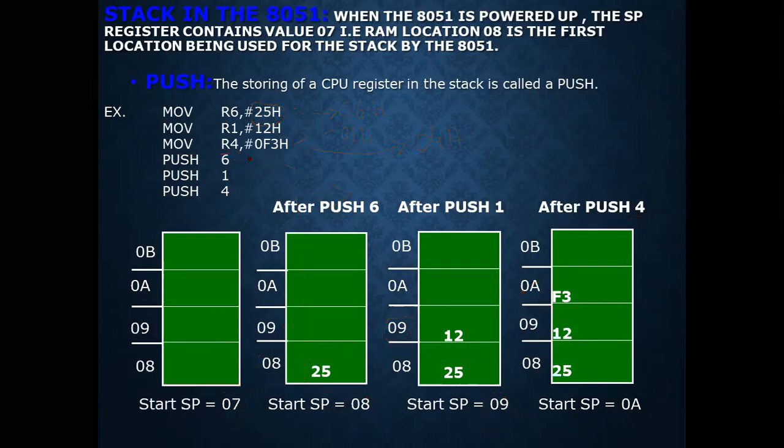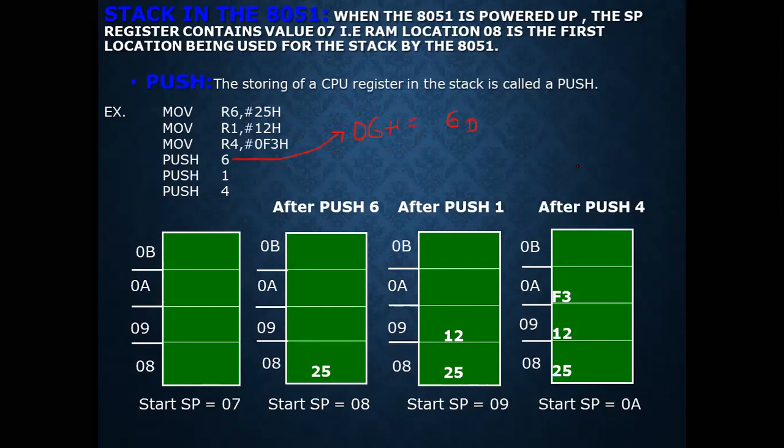Now you may ask, sir, why push 6, push 1, push 4 is written? It may create some ambiguity. You can write on your own paper that 06H and 6 in decimal are equal.